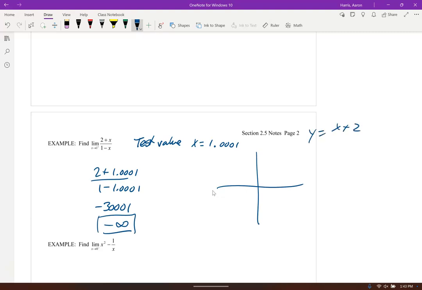Let's look at the graph. I got x plus 2, I got negative x plus 1. So I've got this vertical asymptote at x equals 1, and a horizontal asymptote of negative 1. And of course, I just plug points in.